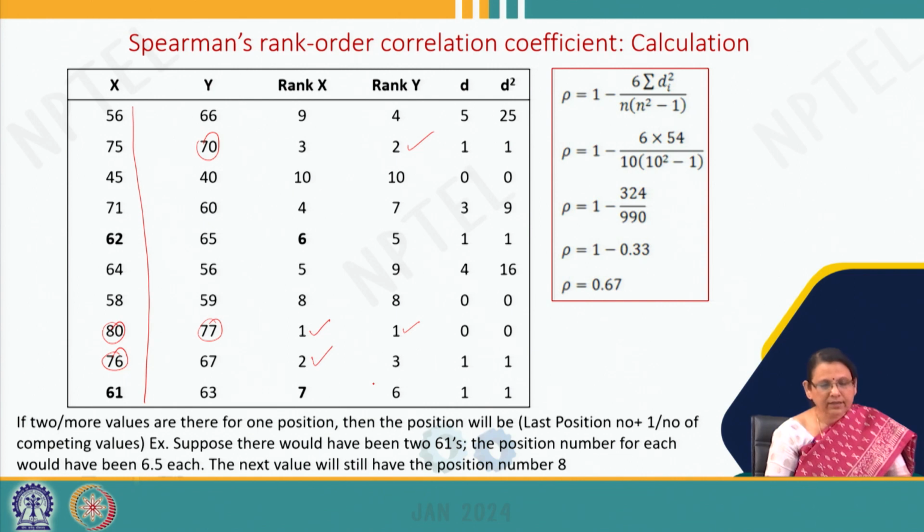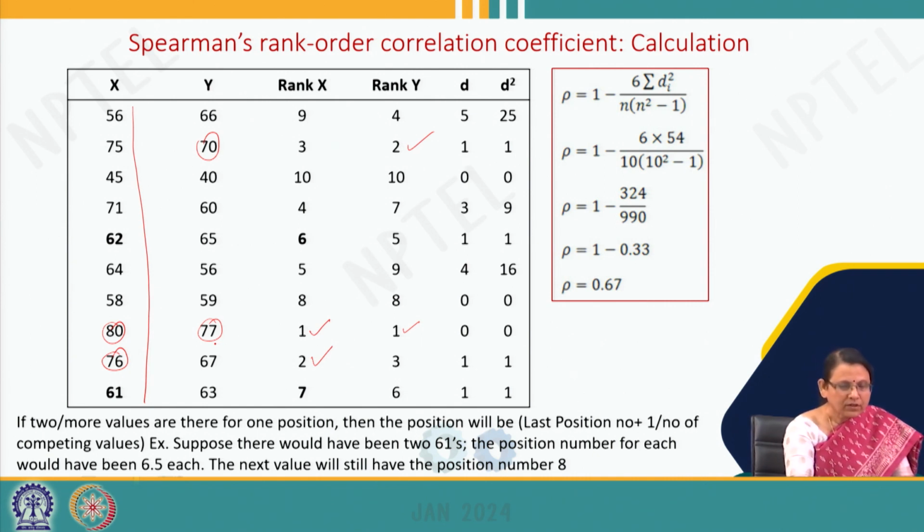While ranking, it may so happen that, let us say, value 77 occurs twice. In that case, for the first position where 77 was occurring twice, 1 will be divided by 2 and both will have rank 0.5, 0.5.